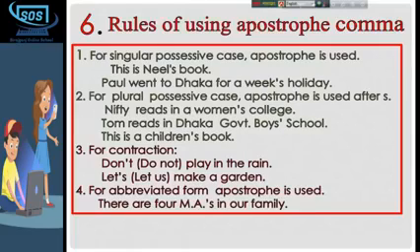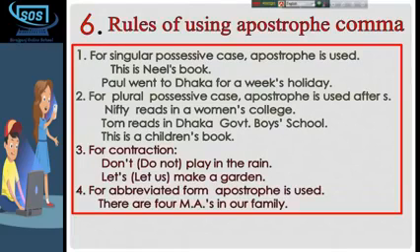For contraction, we use the apostrophe. The form of a sentence is of two kinds: contracted form and non-contracted form. Contracted form refers to the short form, where a letter or letters will remain silent. Do not, this is the full form. It is called non-contracted form.